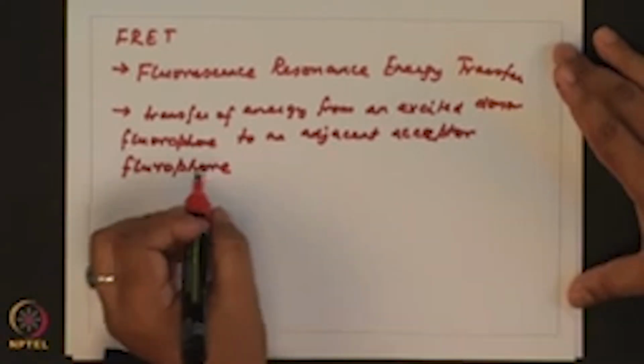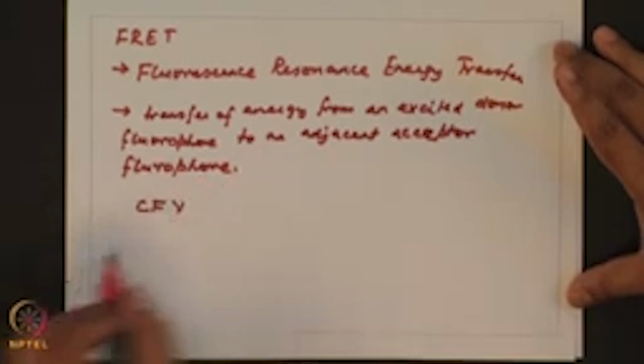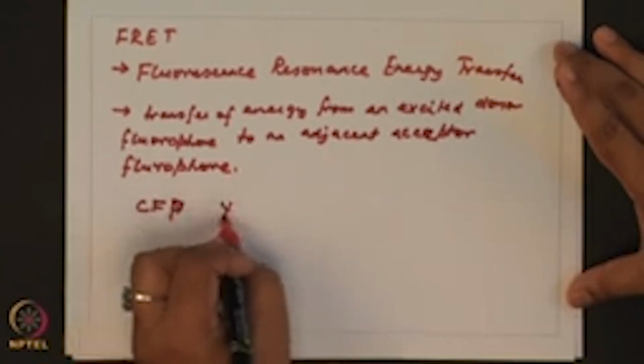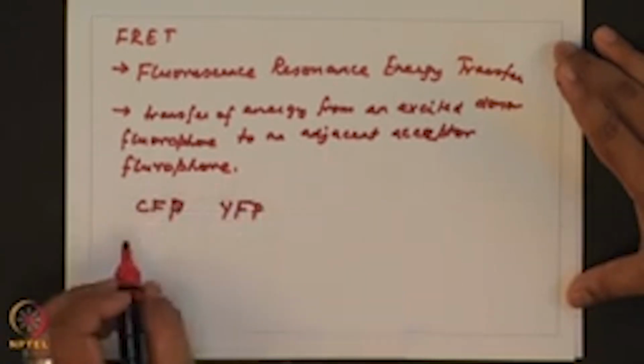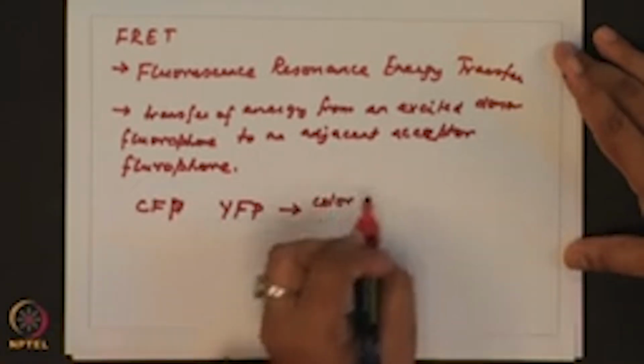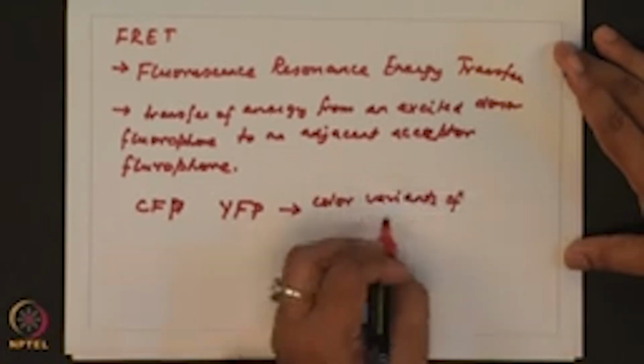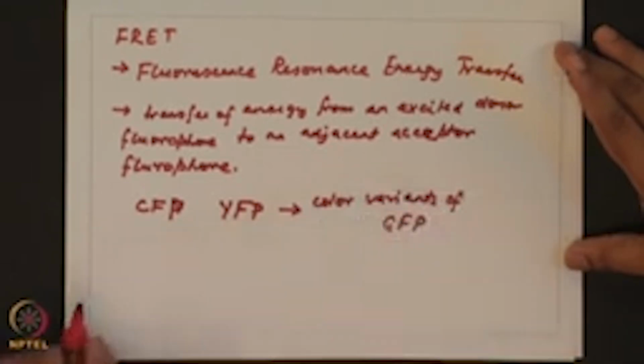Generally what is commonly used is CFP and YFP. These are color variants of green fluorescent protein.